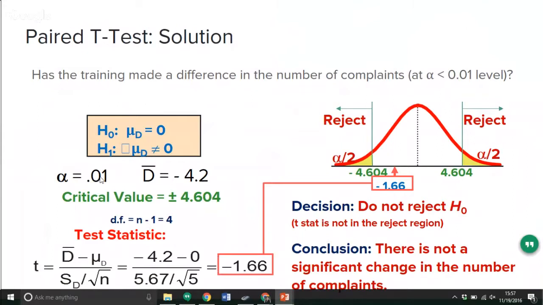We calculate everything out using the test statistic. We find that t is negative 1.66. We don't reject the null, which means we're failing to reject the null, which means there is not a significant change in the number of complaints.